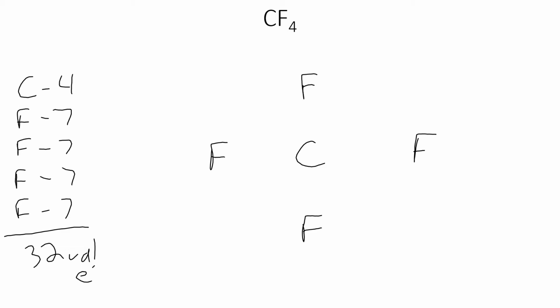Now, the next thing you want to do is to actually start showing the bonding that has to happen. There has to be something connecting those outer atoms to the central atom. That's our chemical bond. And the way we represent chemical bonds in Lewis structures is with lines. So we're going to place a line between the central atom and each outer atom.